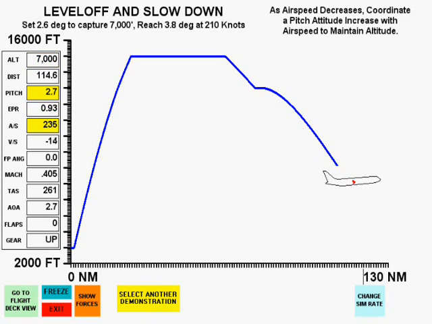As the altitude is captured, we must increase pitch attitude with decreasing airspeed in order to maintain altitude.